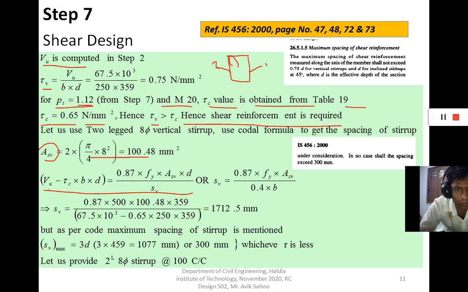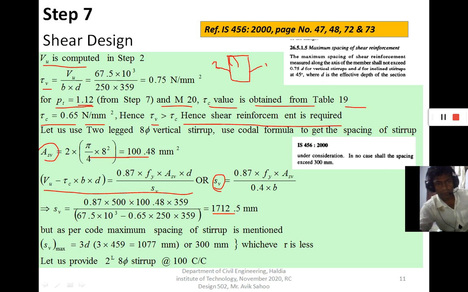Using the codal expression, we get the spacing of the stirrup, which is equal to 1712.5 mm. But as per code, the maximum spacing of stirrup is 0.75d or 300, whichever is less.